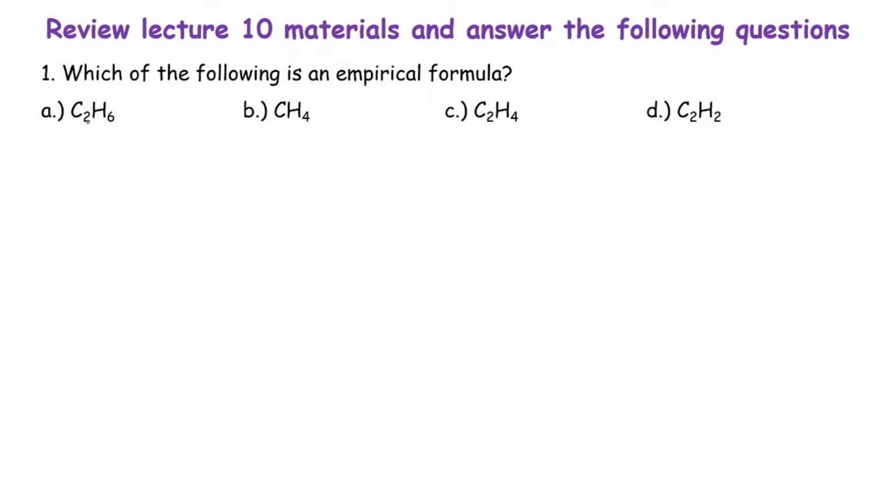A should be out. Okay, B, C1H4, that's in the smallest whole number ratio. Okay, we keep this so far. C, C2H4, again, can be divided by 2. That's out. And then D, C2H2, can be divided by 2. So therefore, B should be the correct answer.